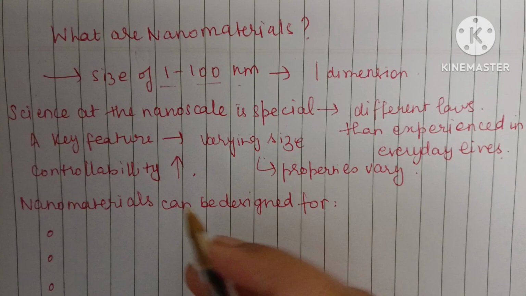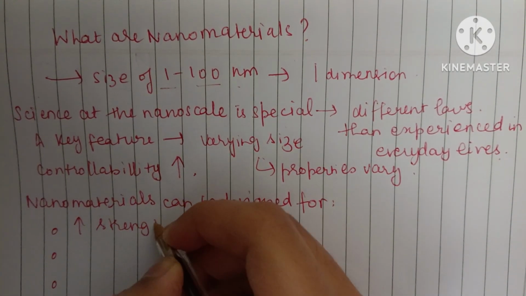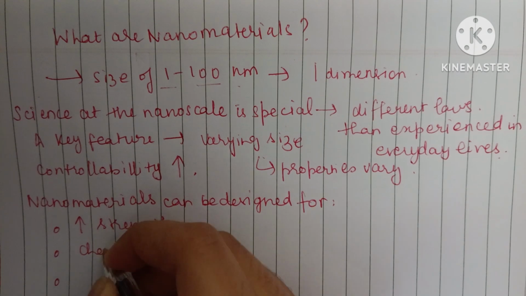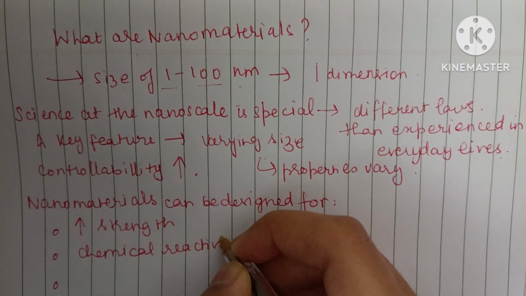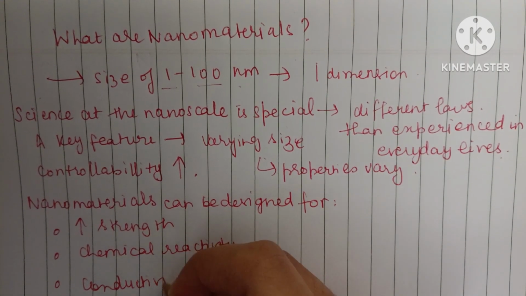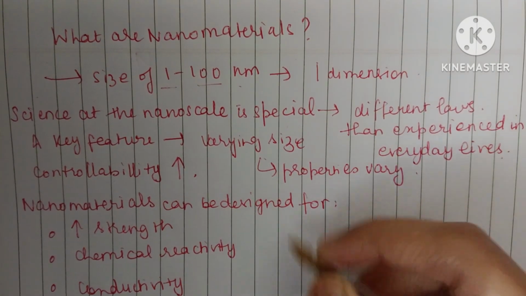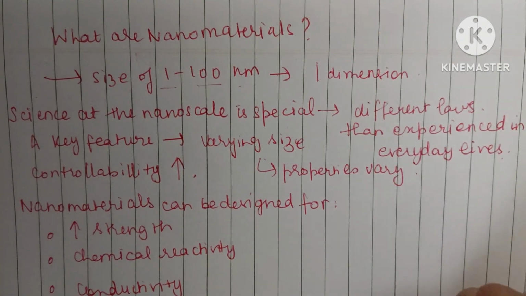Now, nanomaterials can be designed for increased strength, chemical reactivity, and conductivity. Because of all of this, nanomaterials are revolutionizing the field of science and engineering.